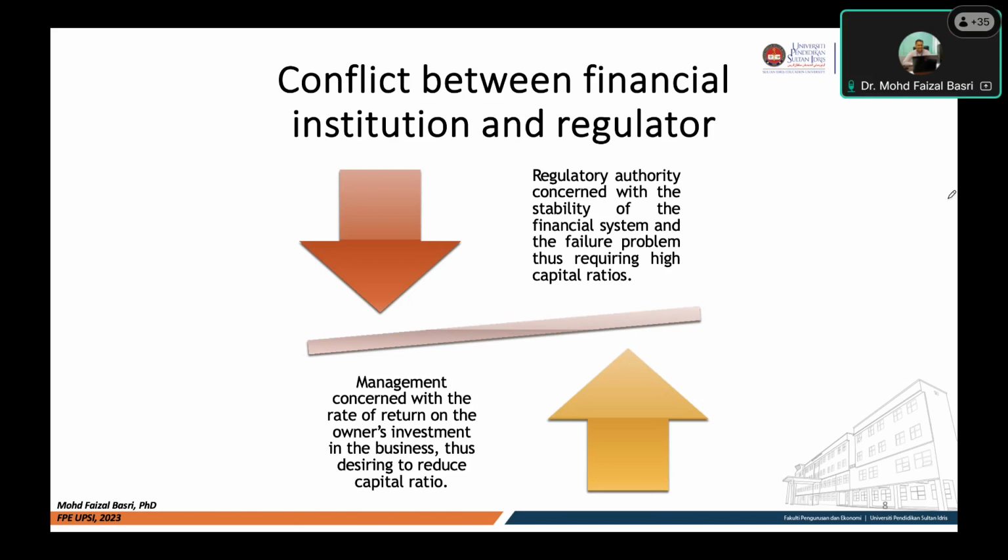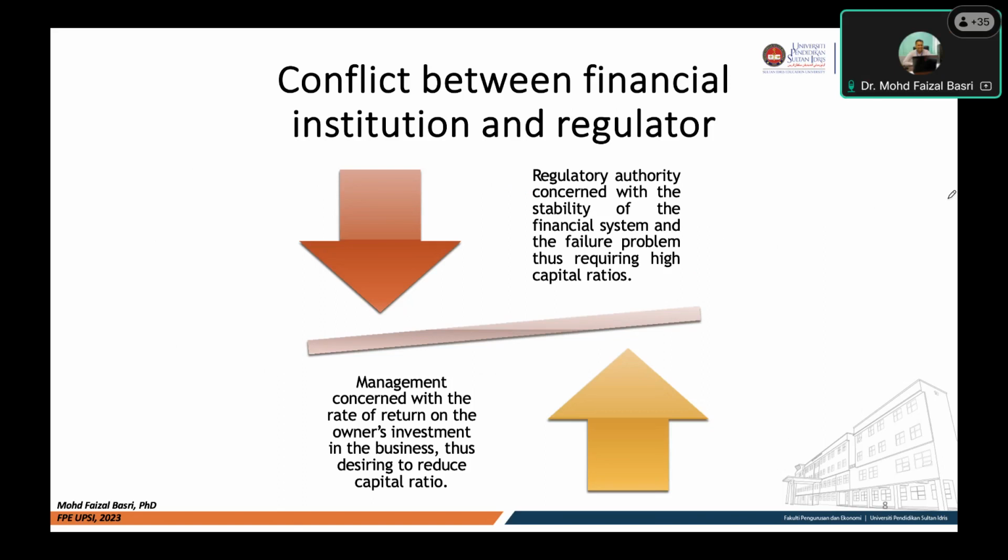When they give loans and financing to the customers, the charges or interest to the customers usually will be high, depending on the products.